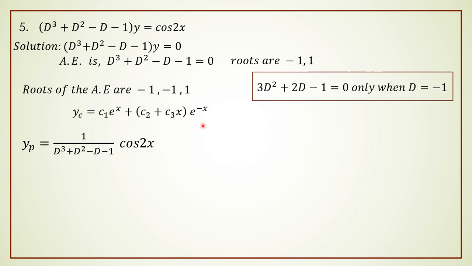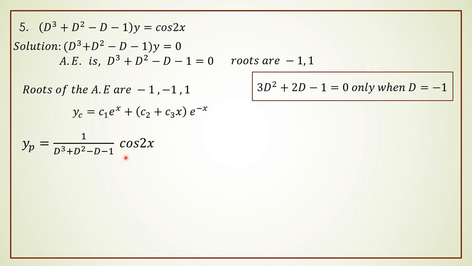Next, the particular integral yp is given by yp is equal to 1 by (D cube plus D square minus D minus 1) acting on cos 2x. Let me simplify the denominator over here. Remember students, when you have a cosine or sine function, the only thing is you have to replace D square.